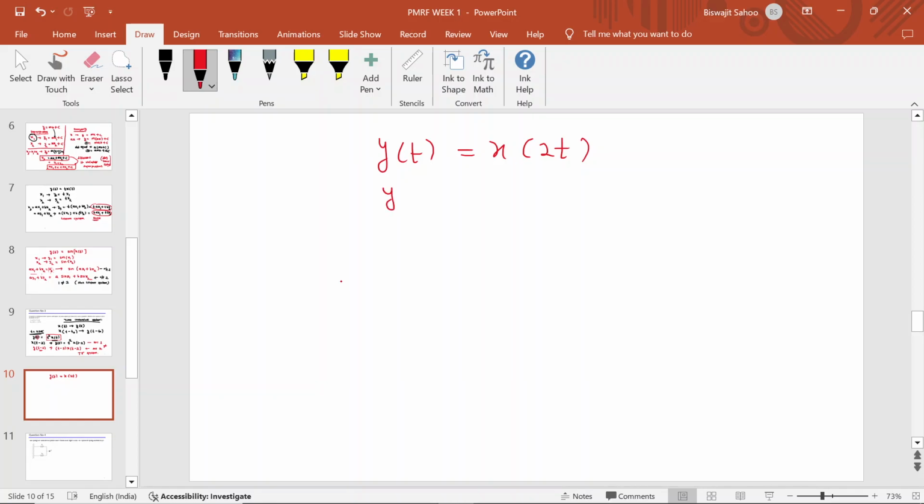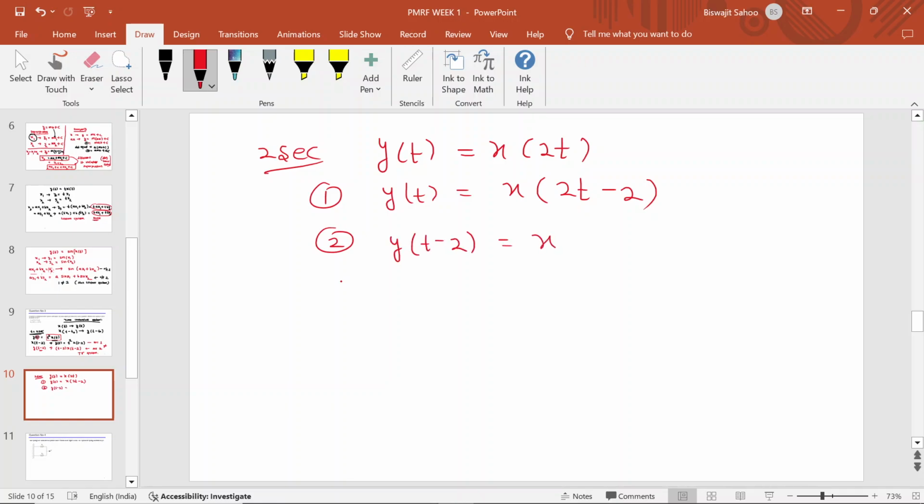First I change the input by a 2 second delay, so the same input is just going 2 seconds forward. Then change your output. Output is y of t minus 2, and that should be equal to x of 2 times. So wherever t is there, you just write t minus 2.